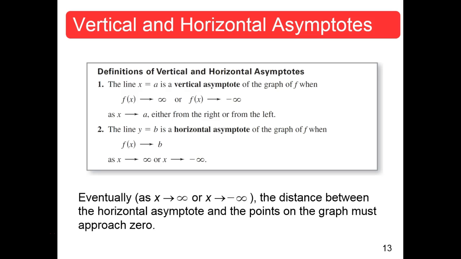In fact, y could even just cross it forever, but get closer and closer to it. So it's not that it can't equal b, it's that it's getting closer and closer to b the larger and larger x goes to either negative or positive. Eventually, as x approaches positive infinity or negative infinity, the distance between the horizontal asymptote and the points on the graph approaches 0. They may have crossed earlier, but the further you go, the closer they get.